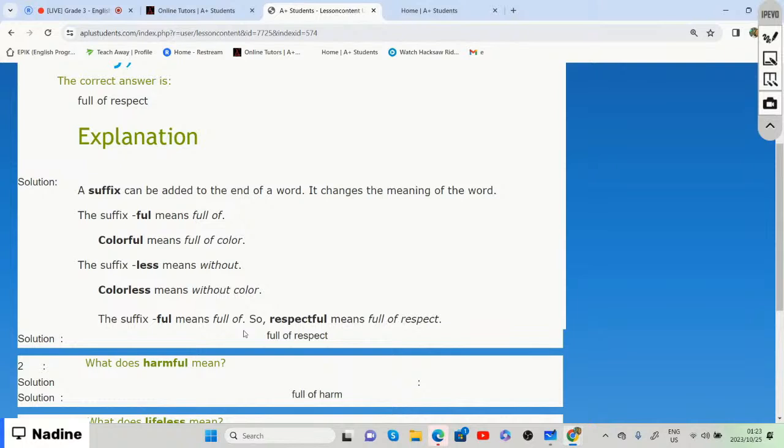Colorless means without color. Colorful is already lots of colors, but as soon as less is added, it means that there is none. It is without color.